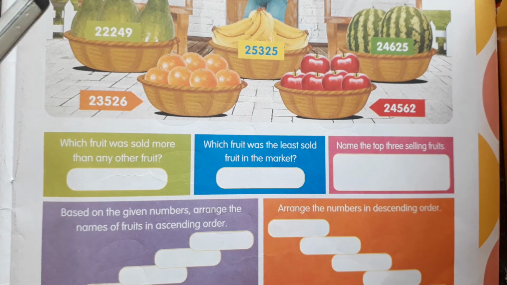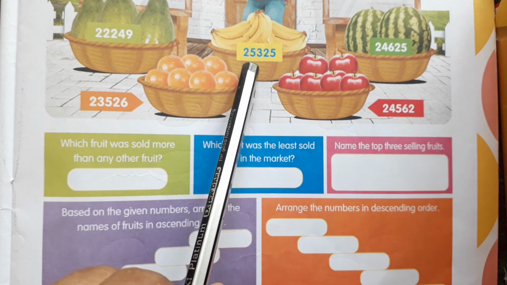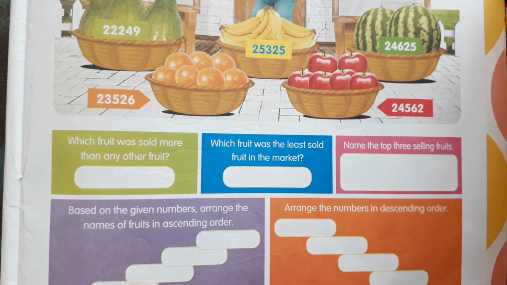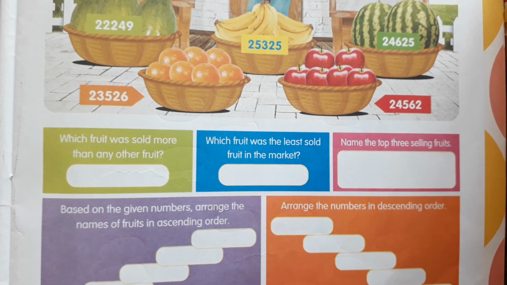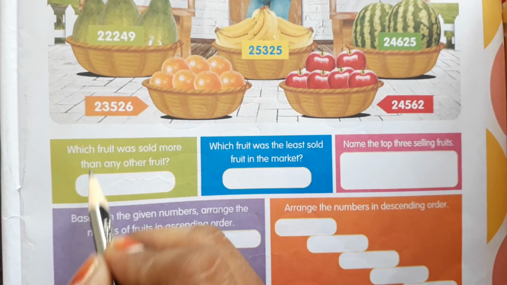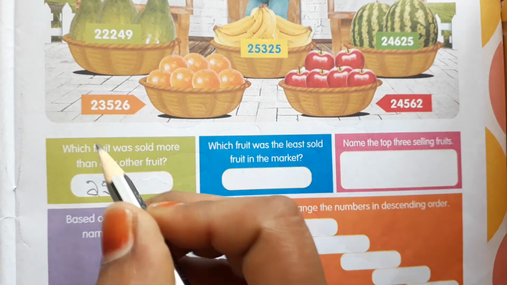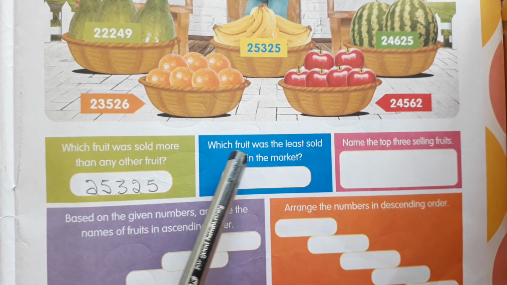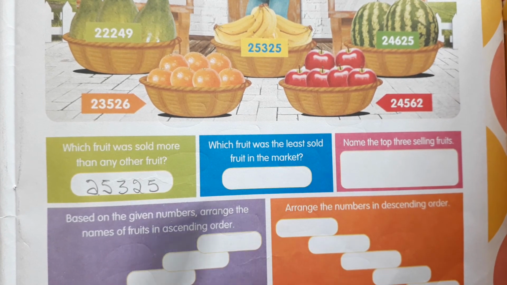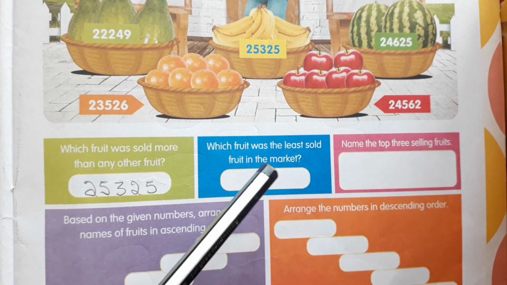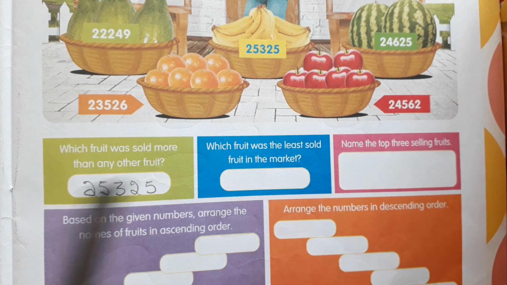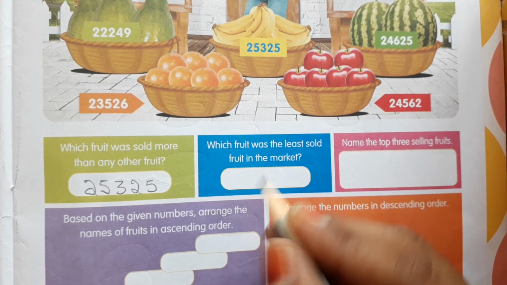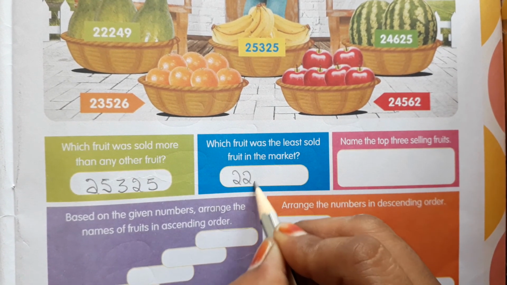Which one is the highest number? 25,325 is the highest number. So write that answer, 25,325. Next, which fruit was the least sold fruit in the market? Highest over. Next, asking the least number, smallest number. What is that? Very good. 22,249.